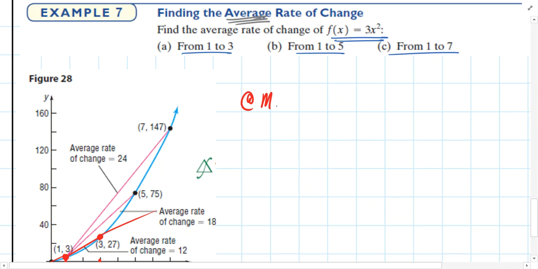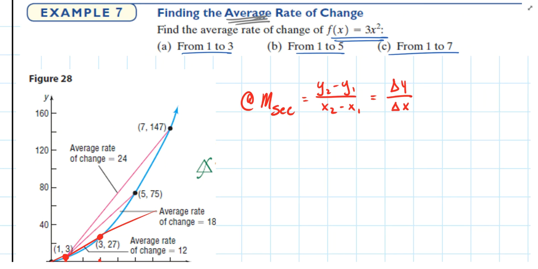Well, let's recall that the slope of a secant line is simply equal to the slope function, y2 minus y1 over x2 minus x1. You might also see this written as delta y divided by delta x.